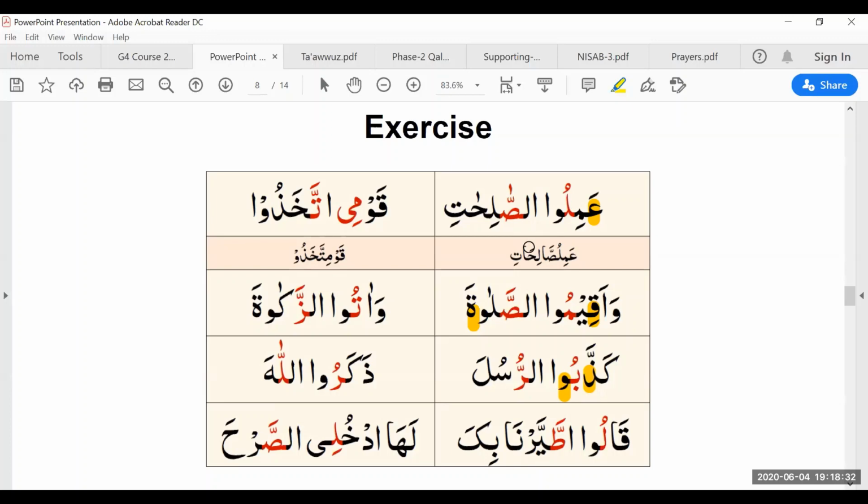The overall recitation was good, but one more thing: qaf should be slightly round-mouthed, differentiated from the normal kaf. So aqimu salat, and with the pause on salah, because it was ta marbuta, it should have been said with ha, aqimu salah.